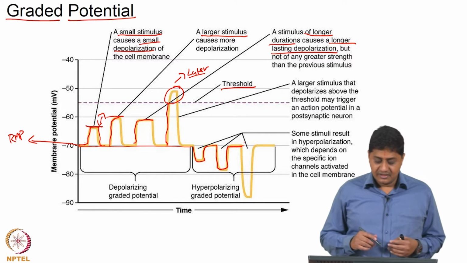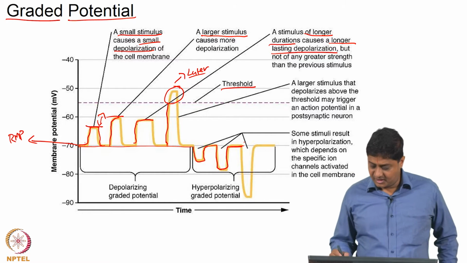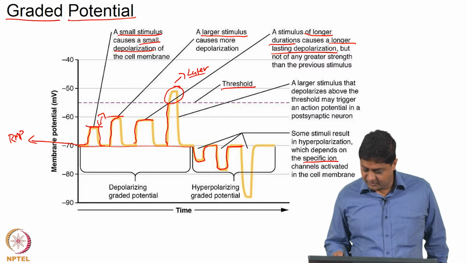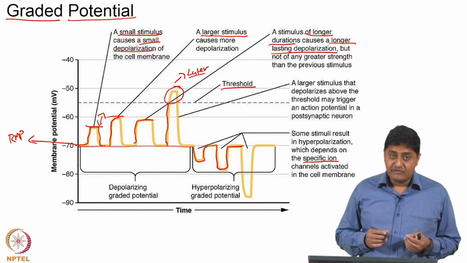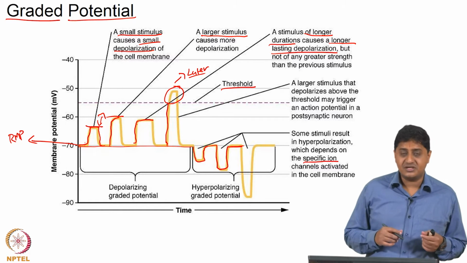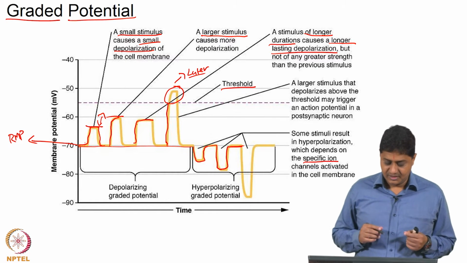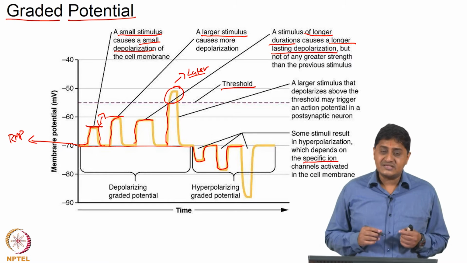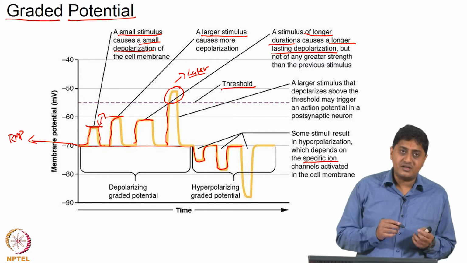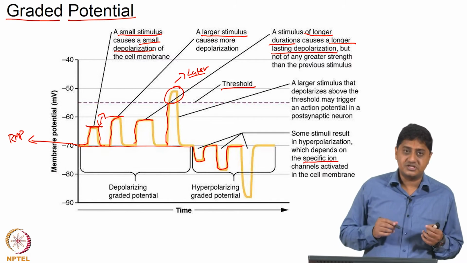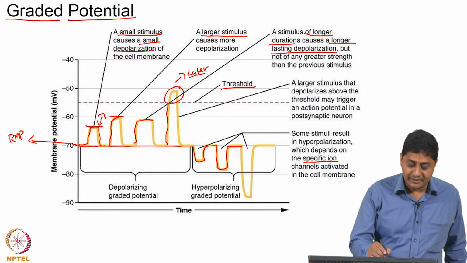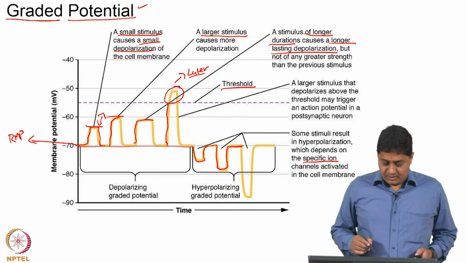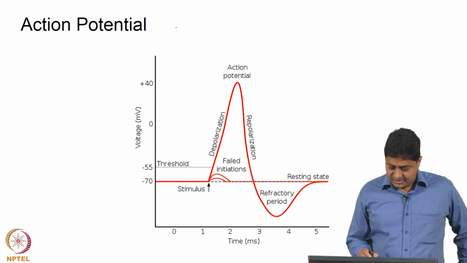Once again, depending on the specific ion channels that are involved or activated, depending on the stimulus, it is possible for the membrane to be depolarized or hyperpolarized. The case where the response has a one-to-one relationship with the stimulus or the input is called a graded potential.